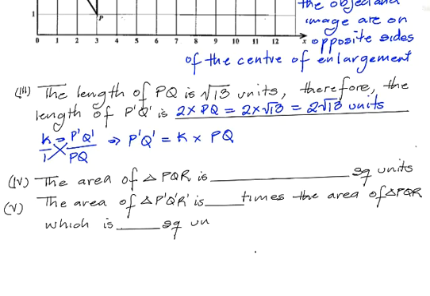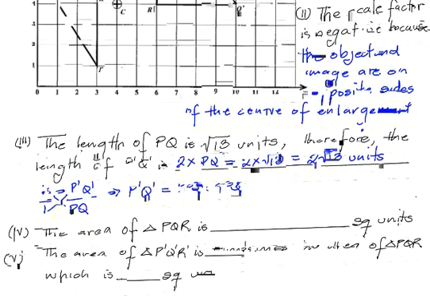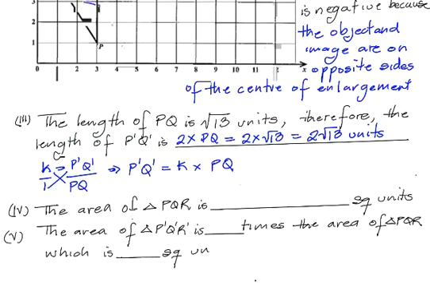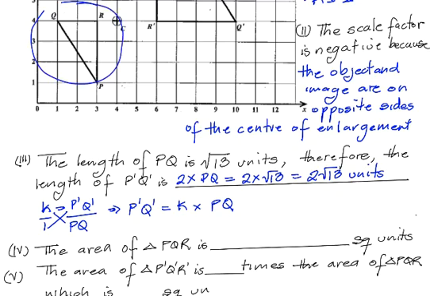Now this says the area of PQR is, all right, so PQR is this triangle here, and we need to determine the area of PQR. We can call QR the base and say that it is 2, and PR being the height is 3.